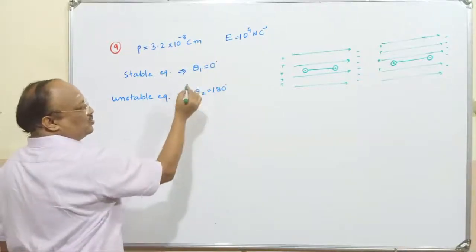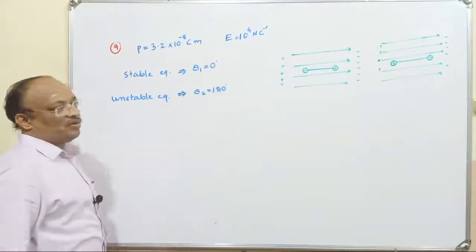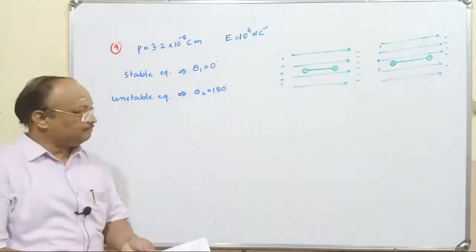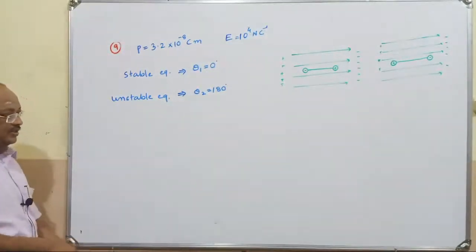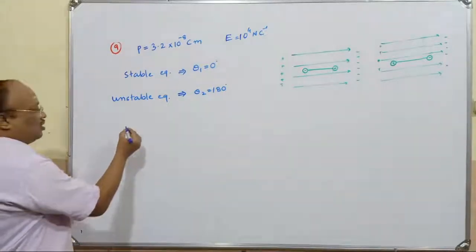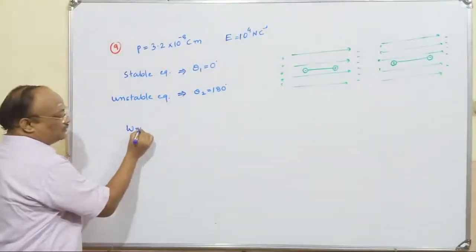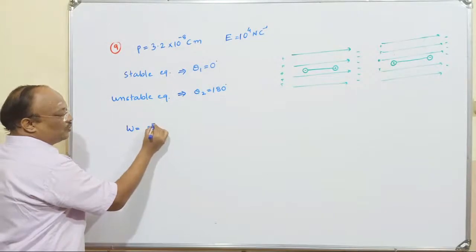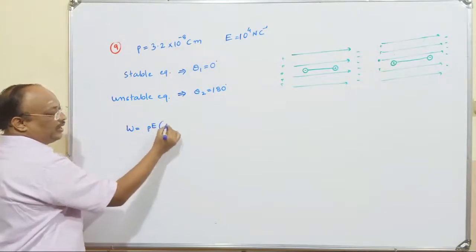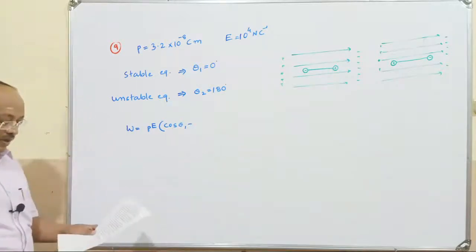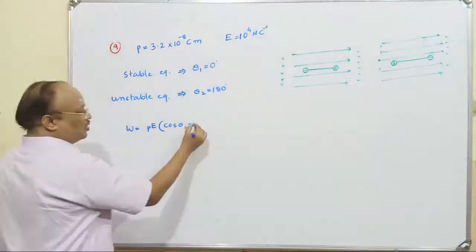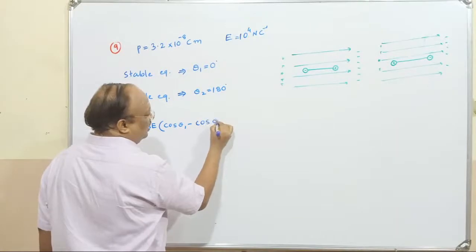Theta 1 is equal to 0 and theta 2 is equal to 180. So our formula is: amount of work done is equal to PE (cos theta 1 minus cos theta 2).